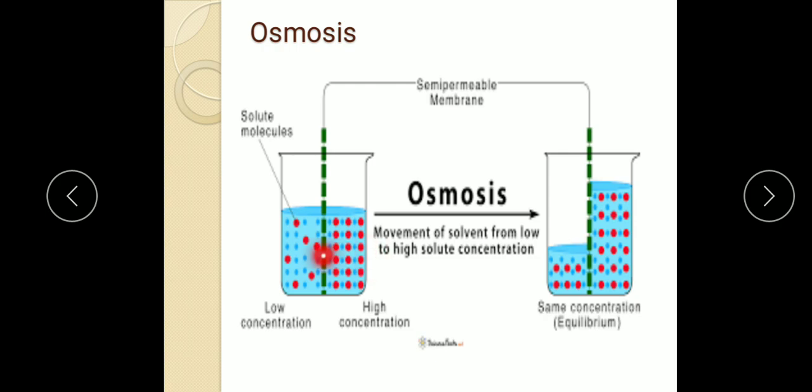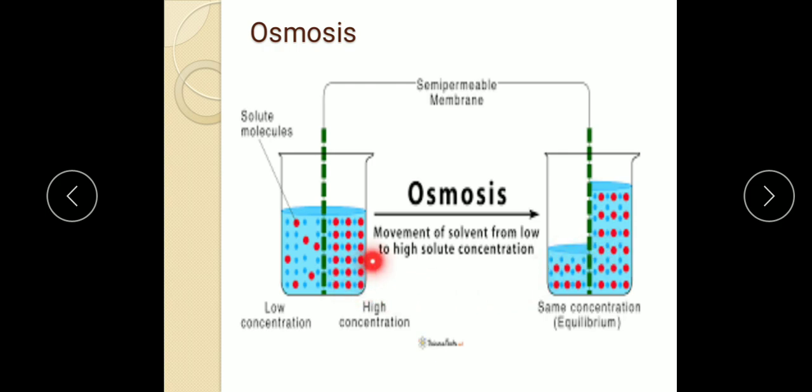So water moves from its region of higher concentration to the region of lower concentration, and it goes on until equilibrium sets up. Equilibrium means the concentration of both the solutions will be equal. Till then this movement of water takes place.